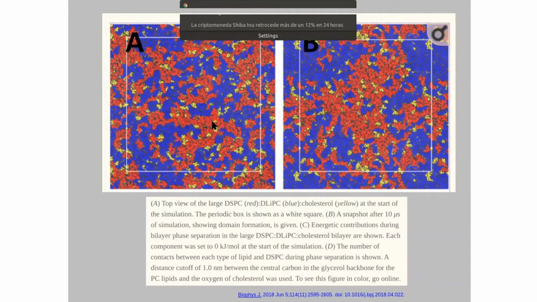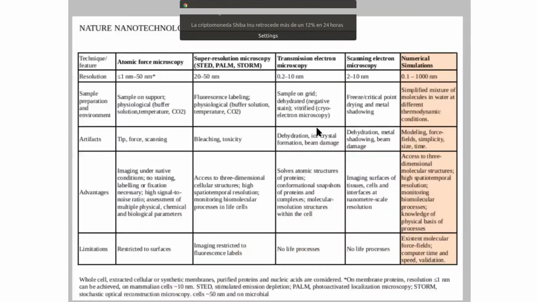So the bilayer is an auto-ensemble structure, and all these phenomena occur just in the bilayer. And obviously, when you have biological processes in these different domains, they are going to be affected. There are many things that occur in the domains, we'll see a bit later.